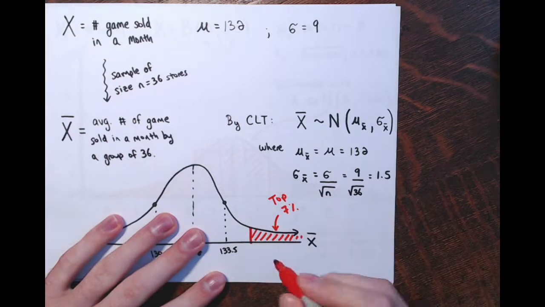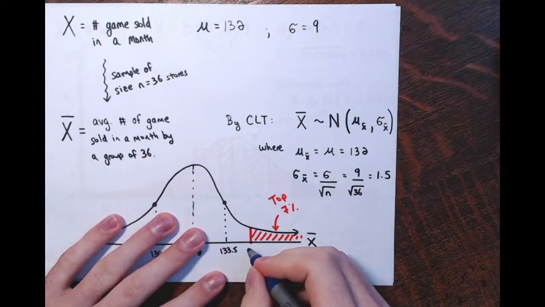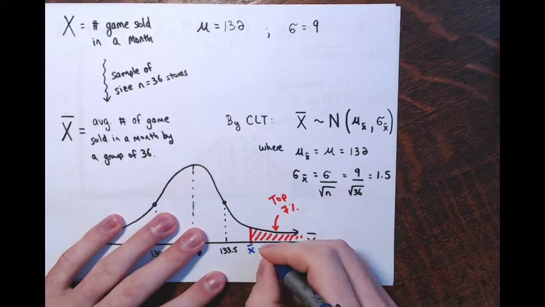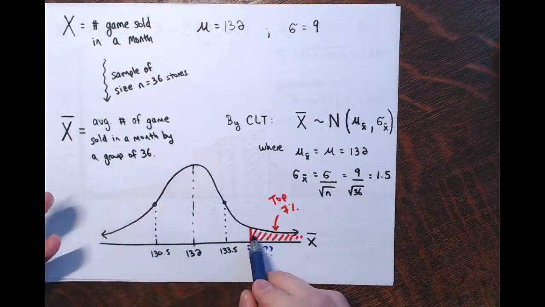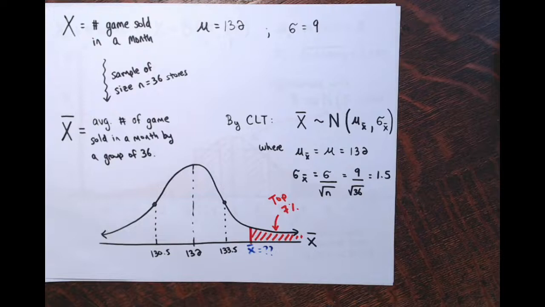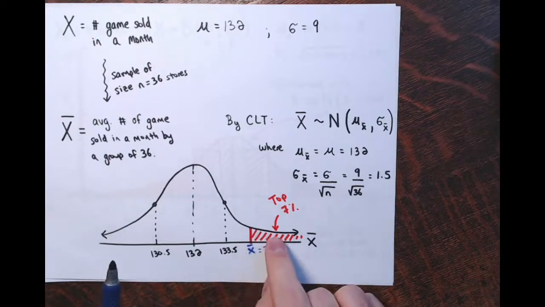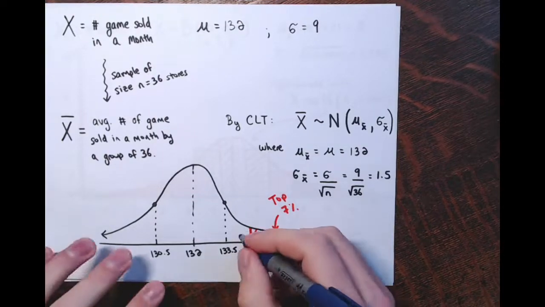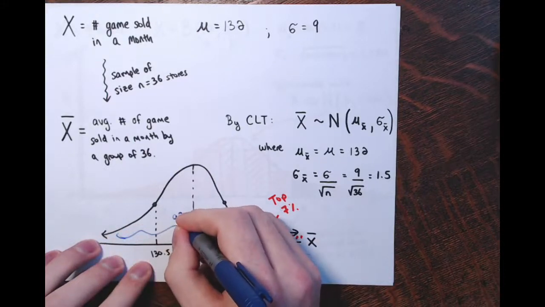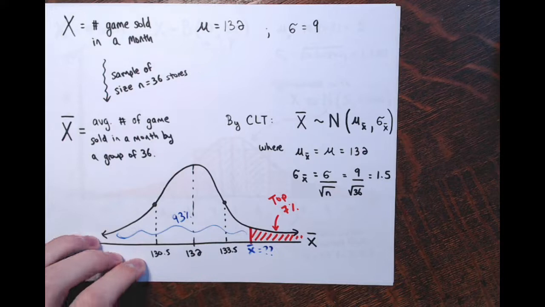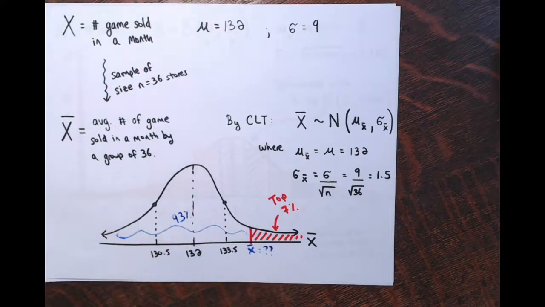We just want to know, what is this particular X bar? What value has 7% above it? If it has 7% above it, that means there's 93% below it, to make a total of 100%. I'm going to be using that number 93, or 0.93.